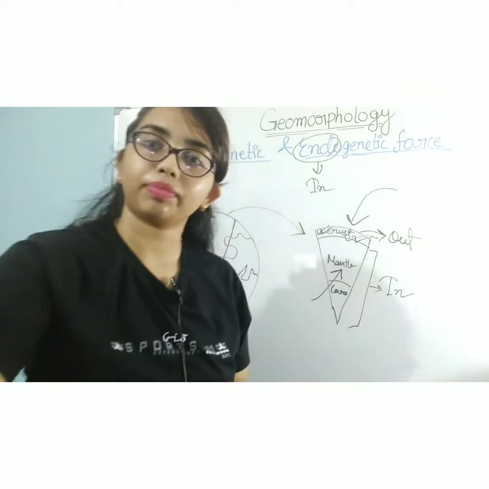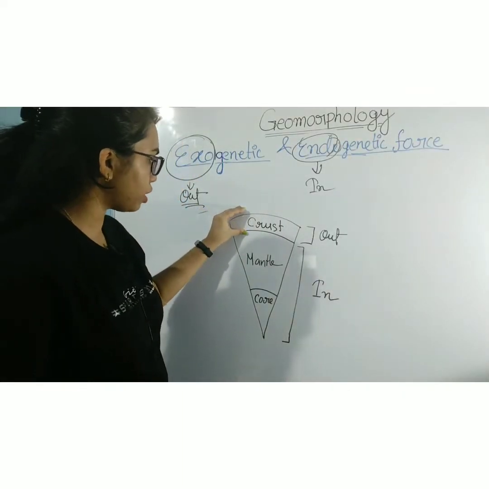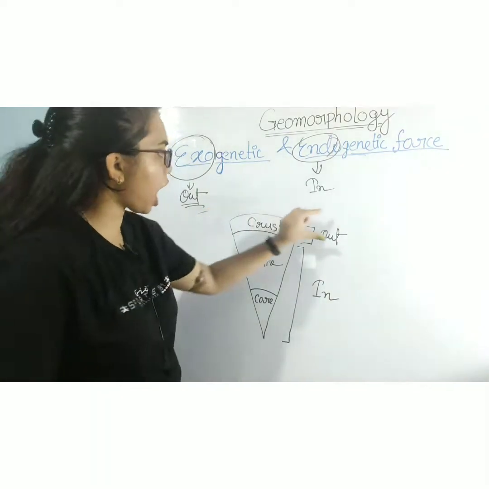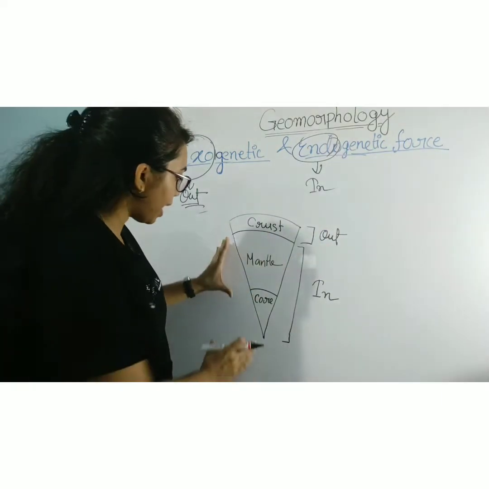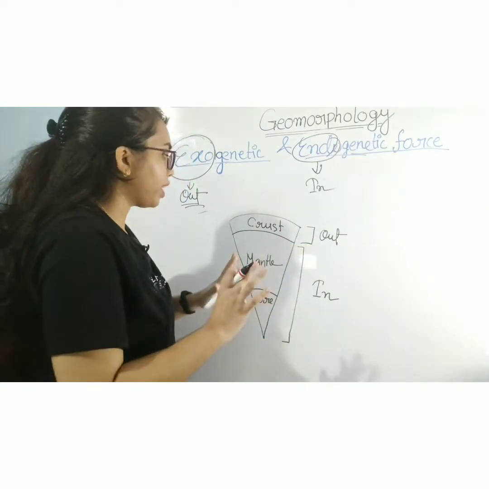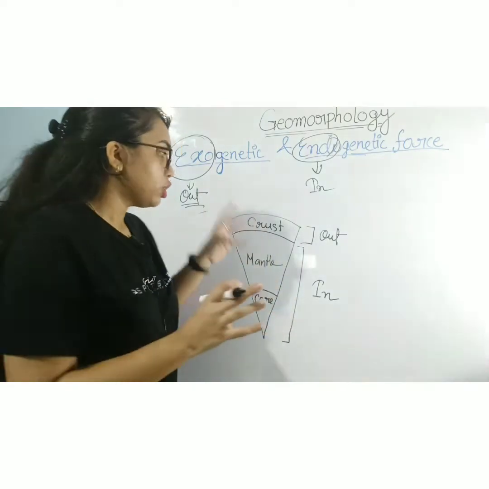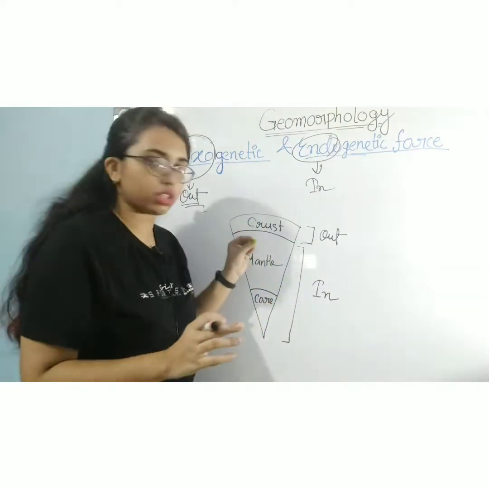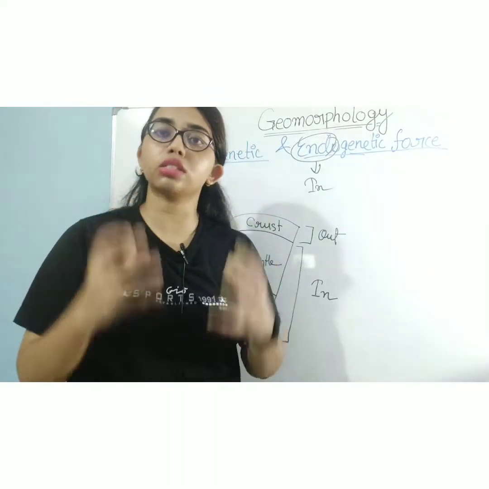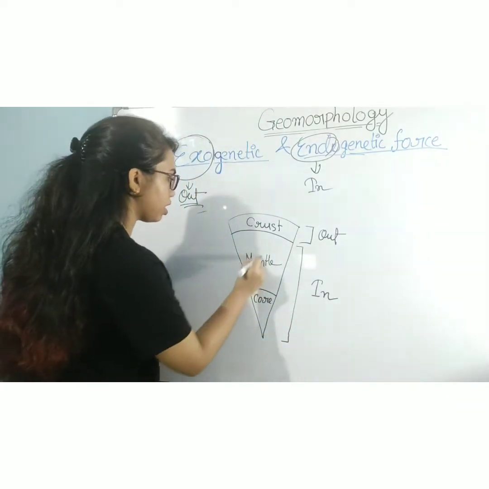Here you can see it is the crust of the earth, it is the mantle and it is the core. So the crust is the outer portion of the earth, and the mantle and core are the inner portion of the earth. Whether it is exo or endo, due to these forces the crust faces some incidence.